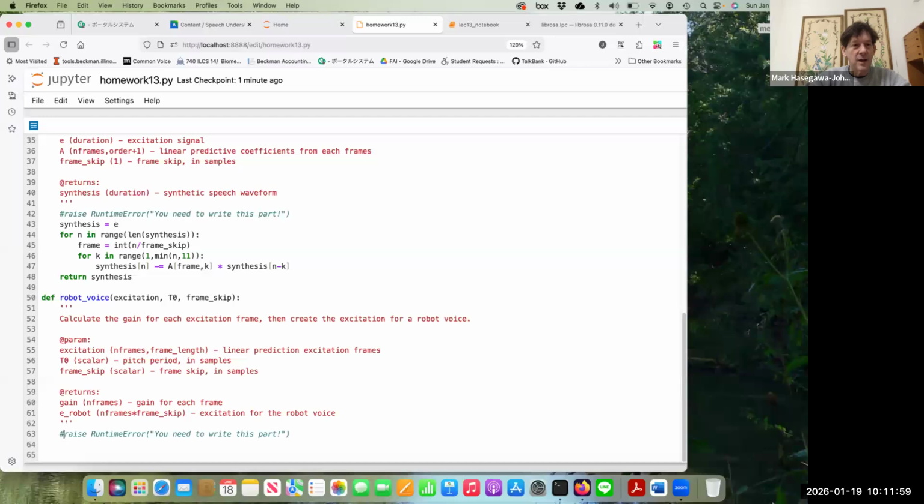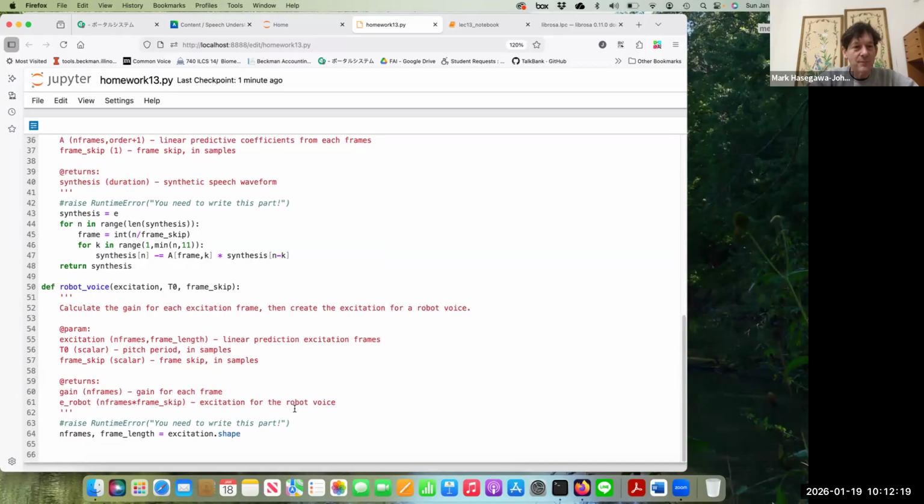All right, so frames, frame length should be the shape of the excitation. Now we know how many frames there are. And now, I'm not sure if I really needed that, but let's create a gain vector, which is n frames long.